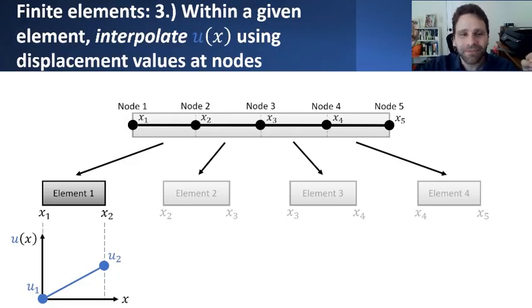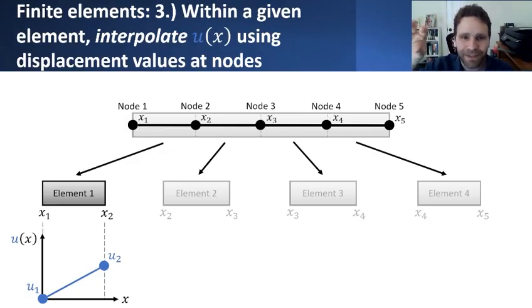And at a minimum, whatever function I choose to represent the solution local to this element, it has to be a continuous function, and ideally it should pass through the nodal values themselves. If I'm being true to the representation of the solution, the displacement at node 1 really should be the displacement evaluated at x1.